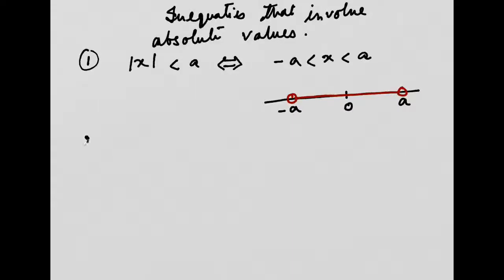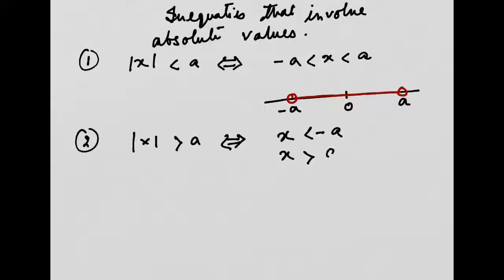The second condition is this: when mod of x is greater than a. When this situation comes, we know that there are two subsets: x less than minus a and x greater than a.